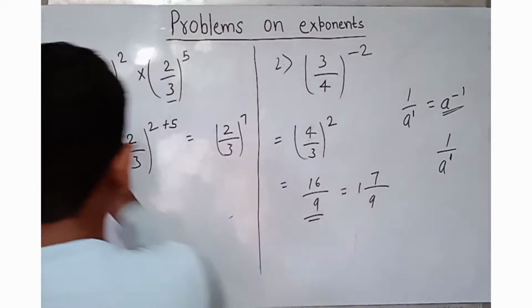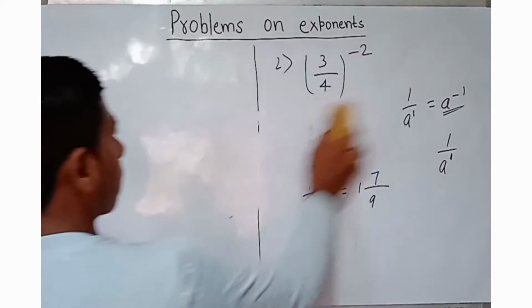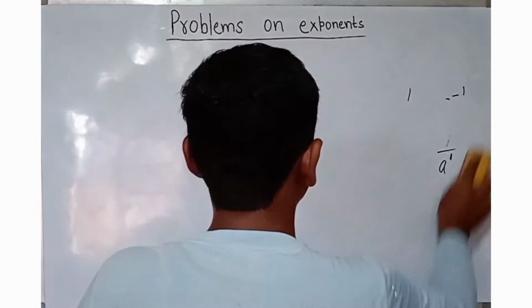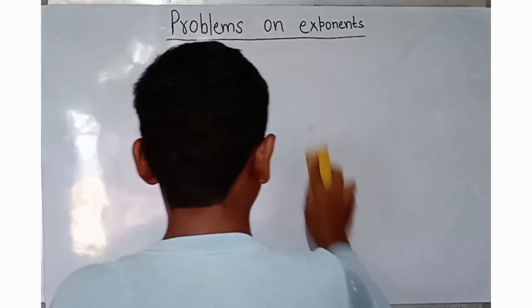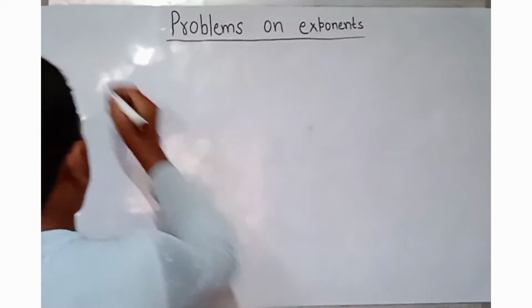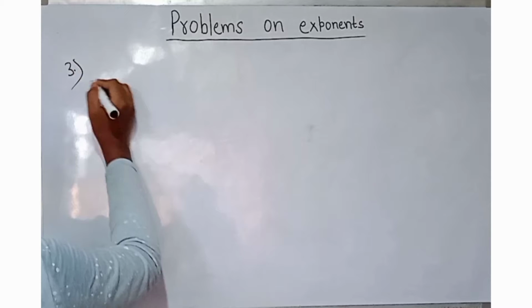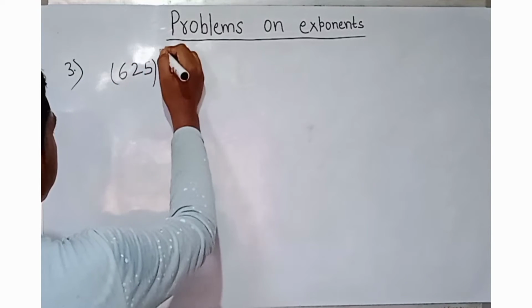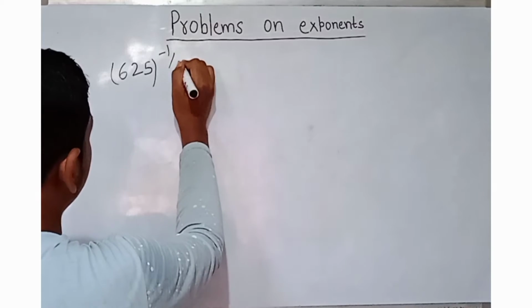Now the next question. The third question is 6 to 5 power minus 1 by 4.